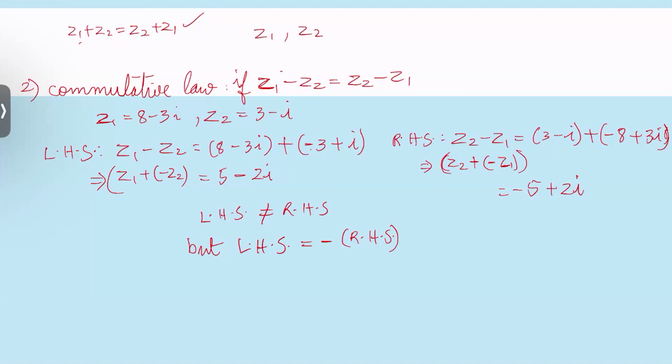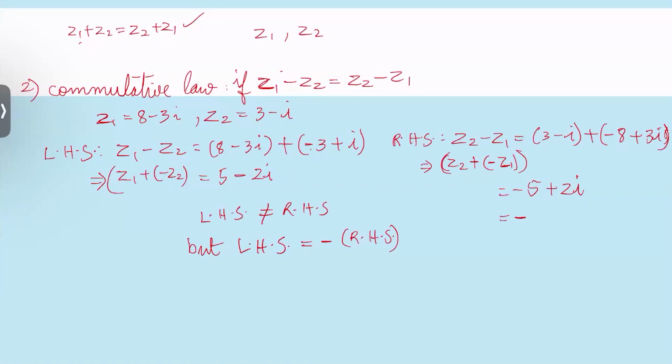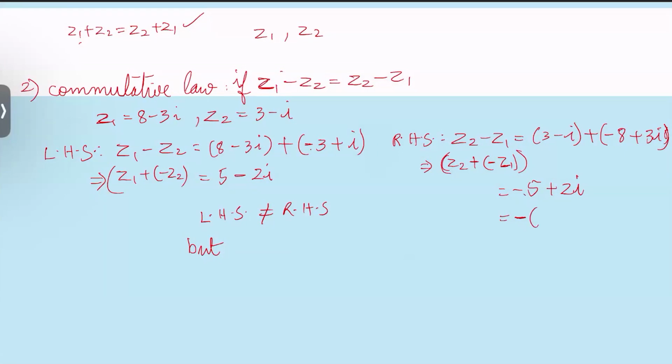Your RHS becomes the negative of the LHS. You can see over here that if you take out the minus sign, this is minus 2i, and this is actually your LHS.